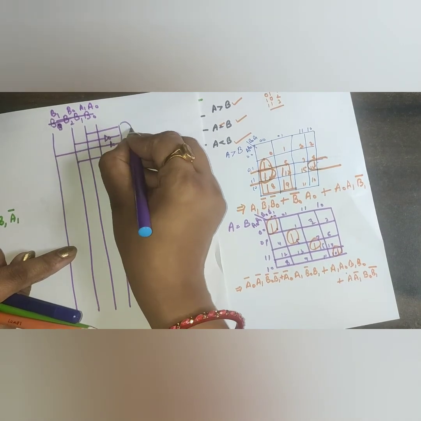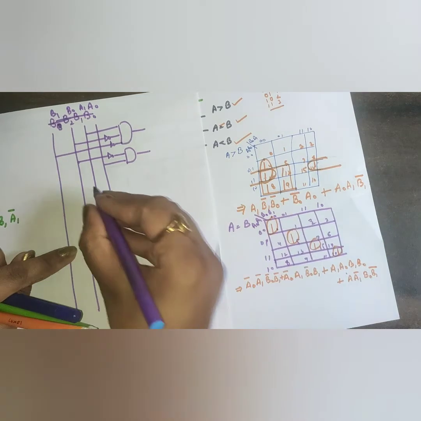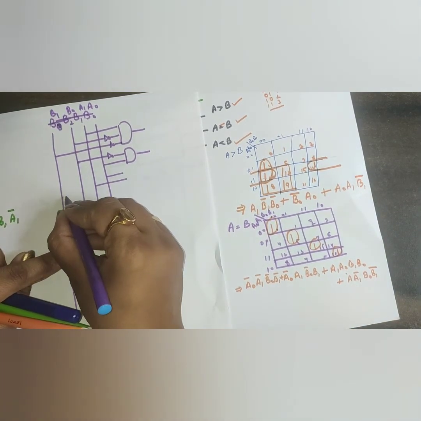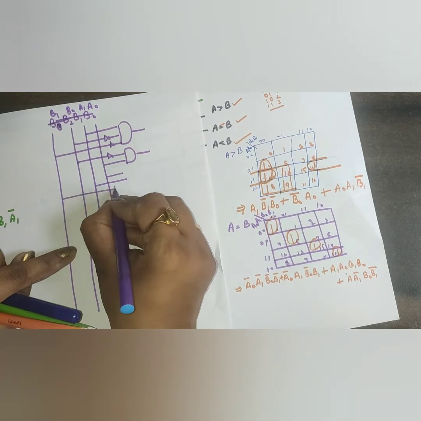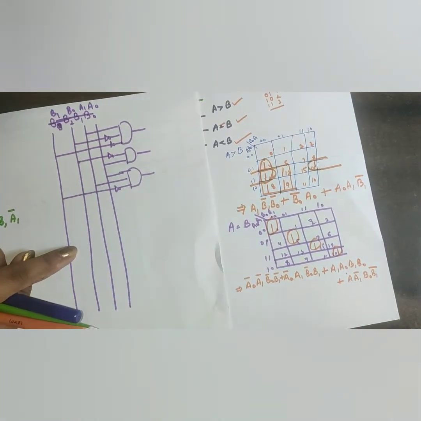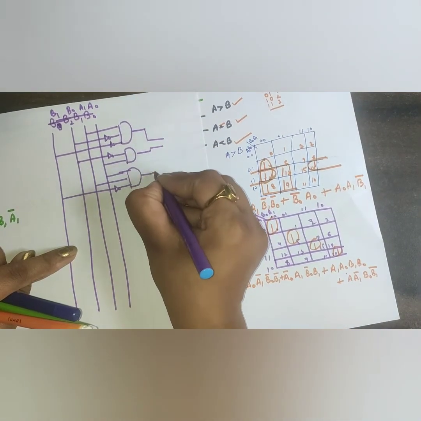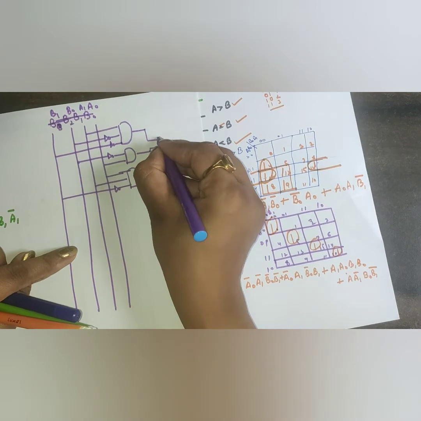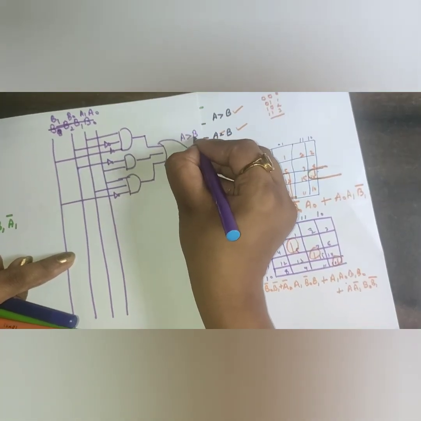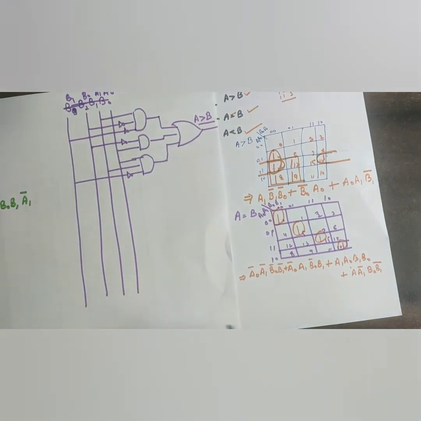It is going through an AND gate. It is going through an AND gate, and this will be like A0, A1, and B1 is this, and B1 bar. Okay, this will be going through the AND gate, and all the circuit is going through the OR gate. This is the A is greater than B condition. You can make this circuit like this.